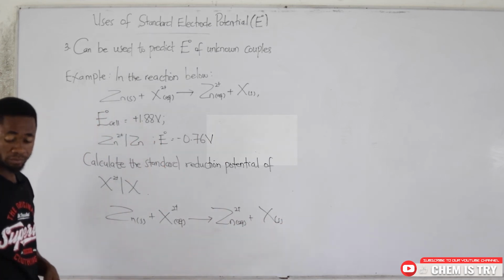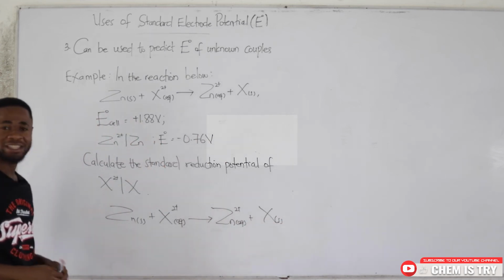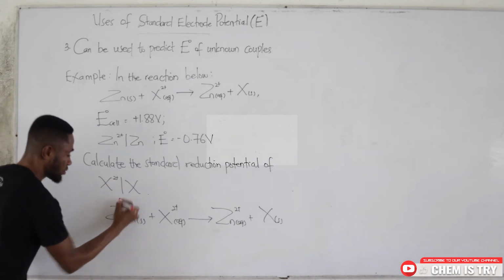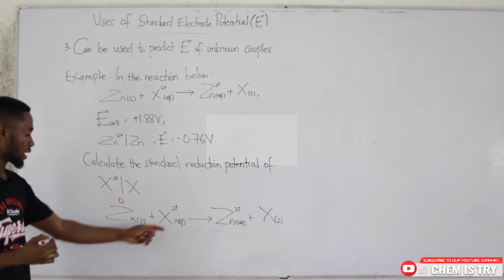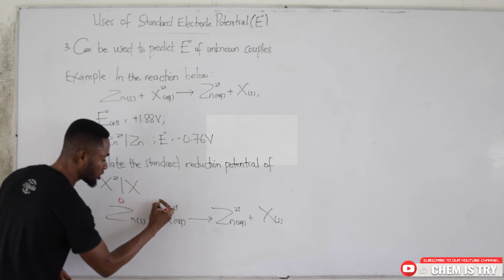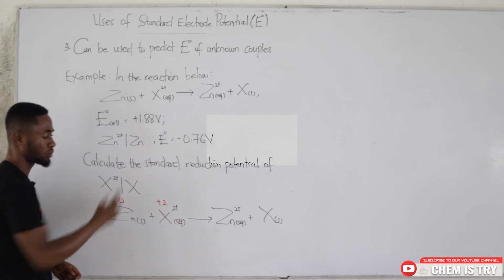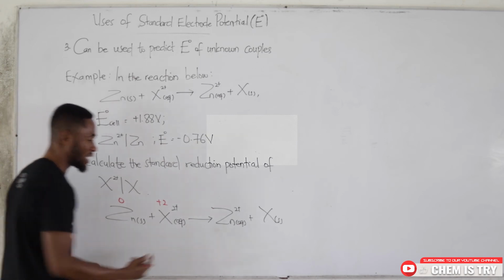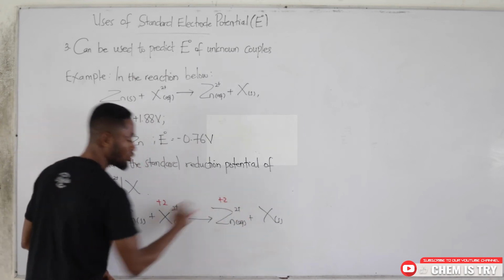Zinc is an element on its own, so its oxidation number is 0. X2+ is a simple ion, so its oxidation number is equal to its charge, plus 2. Zn2+ is also a simple ion, so its oxidation number is equal to its charge, plus 2.